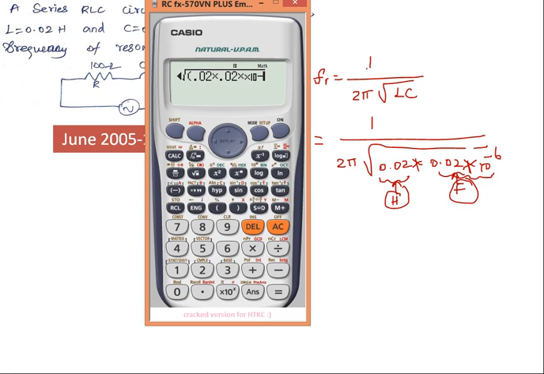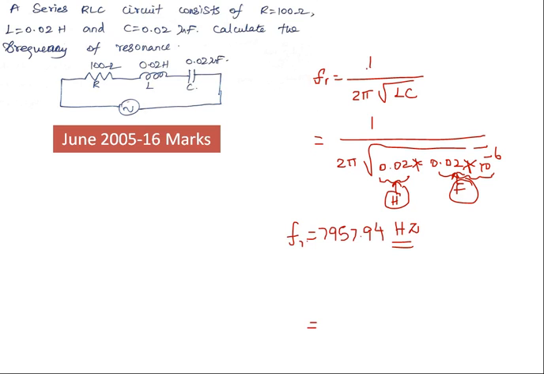To convert microfarad into farad, we should include 10 power minus 6. What is the value of resonant frequency? 7957.74 Hz. This is nothing but resonant frequency.